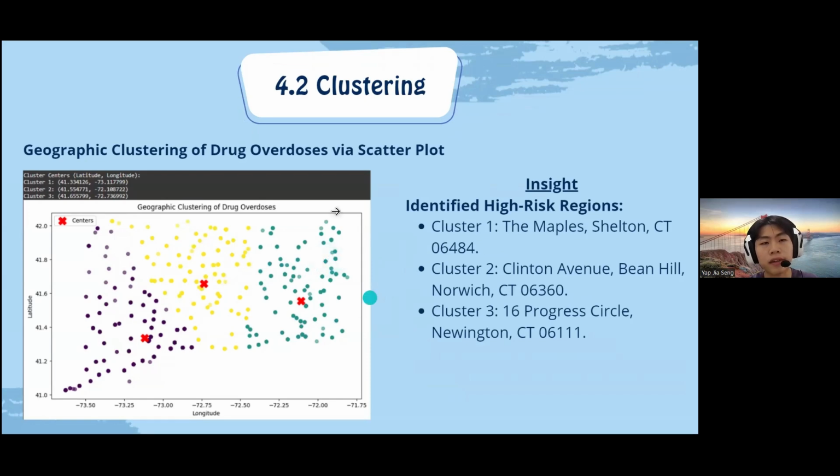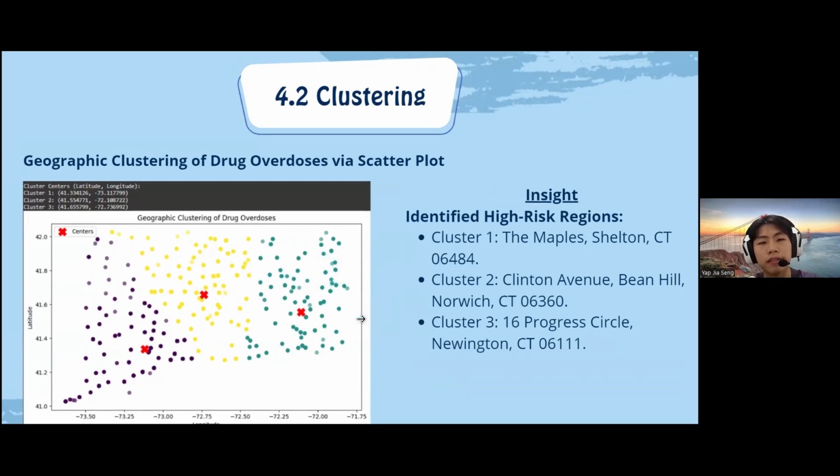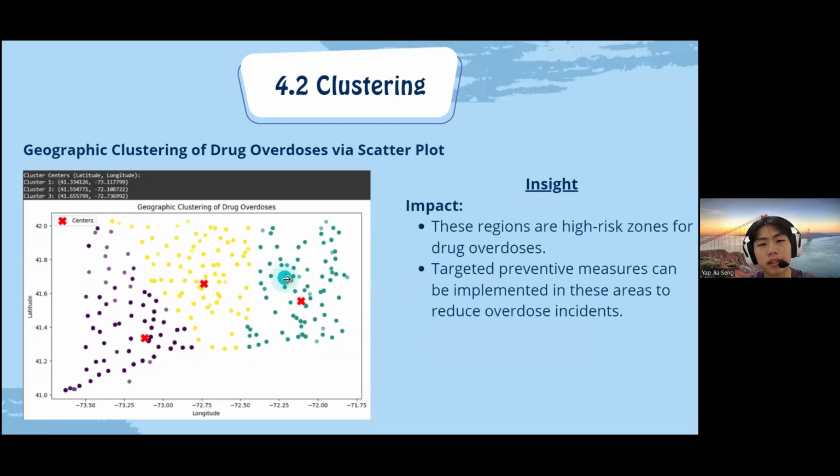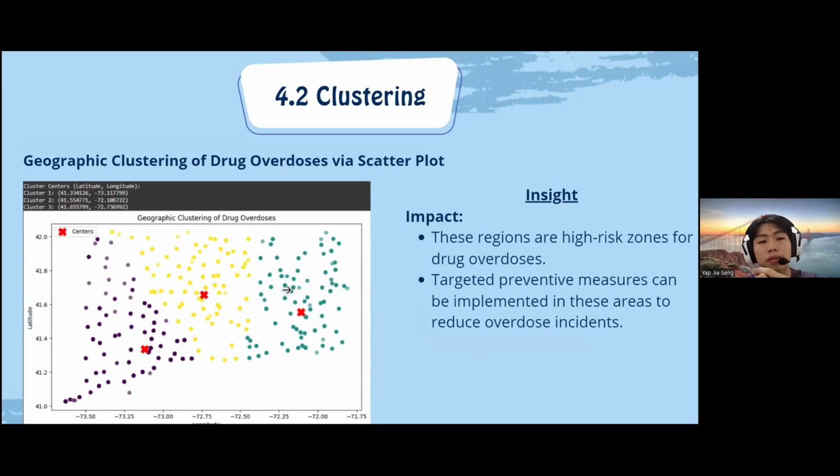We successfully identified 3 high-risk locations: first, Marble, Shelton, CT 06484; second, Crichton Avenue, Bean Hill, Norwich, CT 06360; and the third one, 16 Progress Circle, Newington, CT 06111. These locations stand out as potential hotspots for drug-related incidents. Targeted preventive measures can be implemented in these areas to reduce overdose incidents.